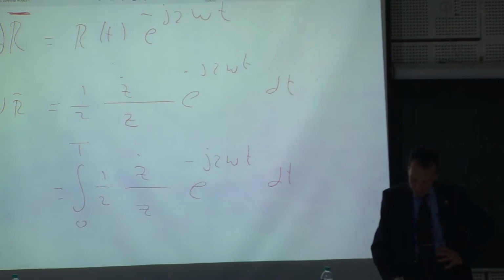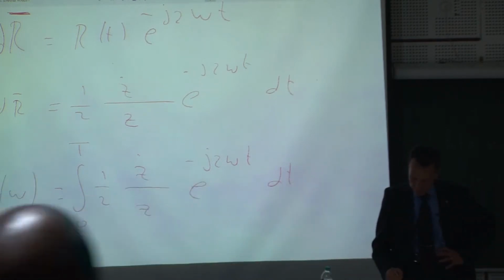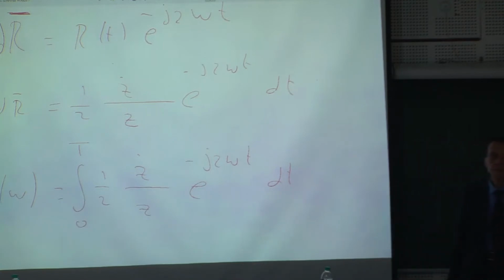This is actually R, the entire R as a function of frequency omega. Is it right? So this is actually going from the discrete to the continuous case.